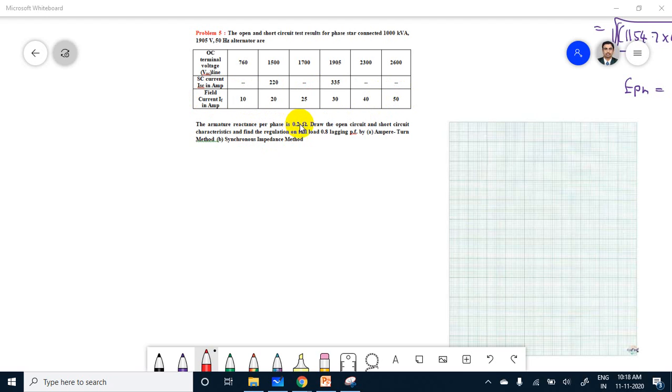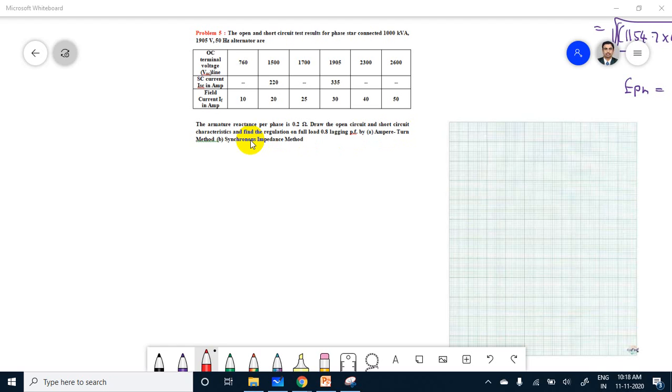The armature reactance per phase is 0.2 ohms. Draw the open circuit and short circuit characteristics and find the regulation at full load 0.8 power factor using two methods: the ampere turn method and the synchronous impedance method.